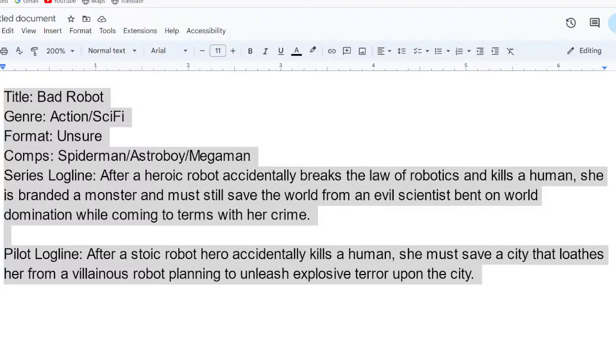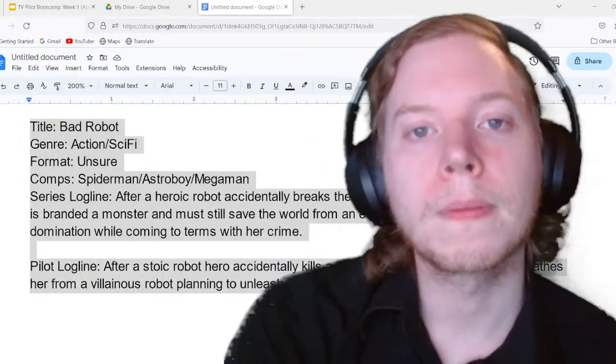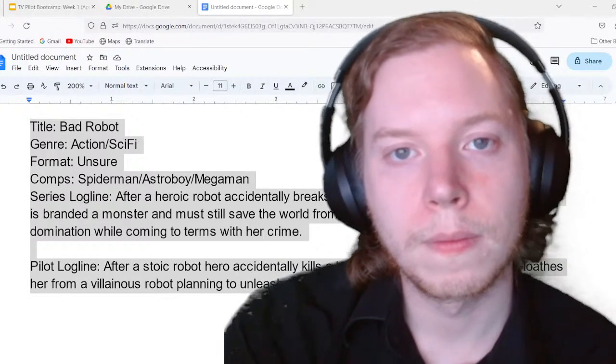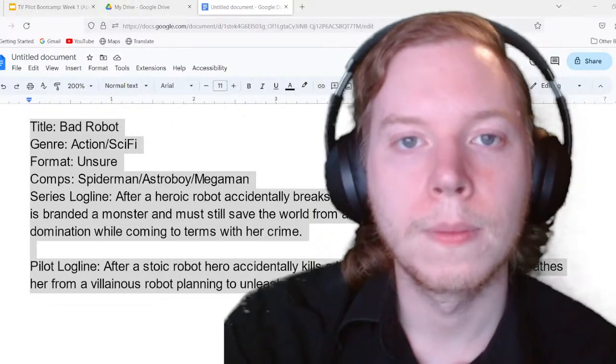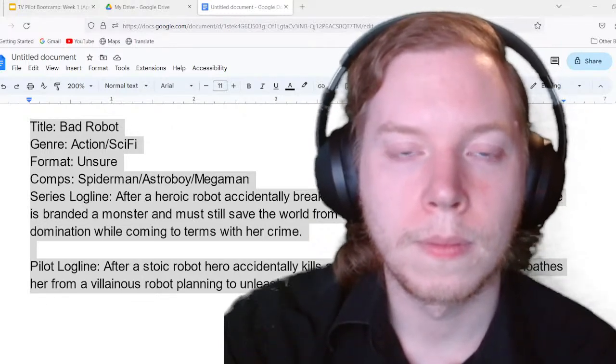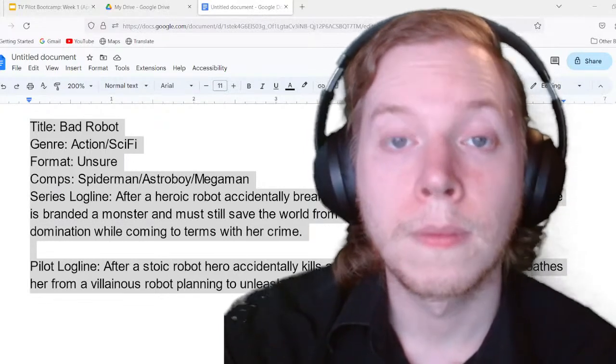So for this one, how would she go about saving the city? Is it like a big fight that she has to do, or are there things she has to collect? Well, she has to fight the robot, while wondering, you could save these people, but do you really want to after the way they treated you for one little mistake?